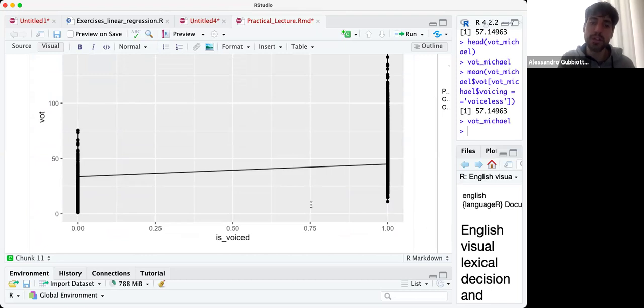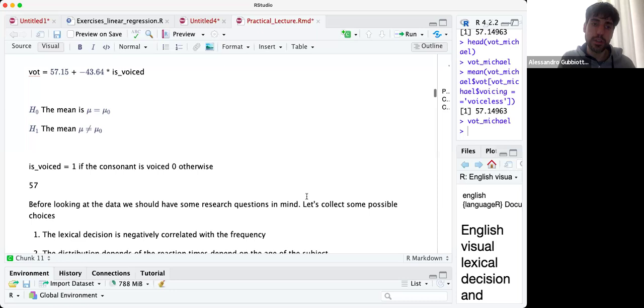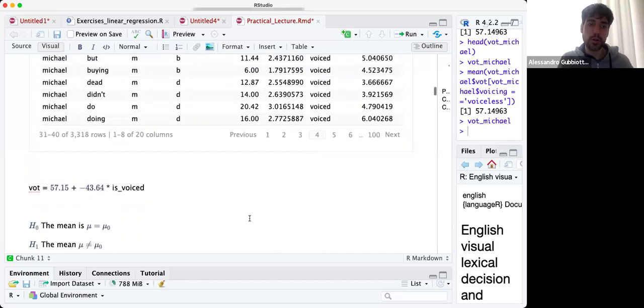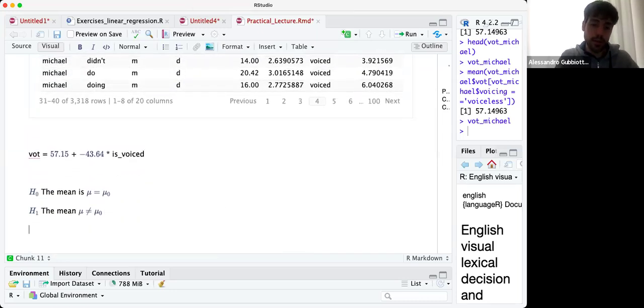This is actually called the two-sample t-test, so what we are doing is a two-sample t-test. So we go here and recall the code for the t-test.